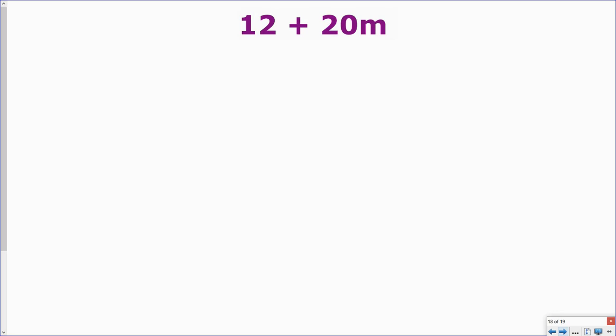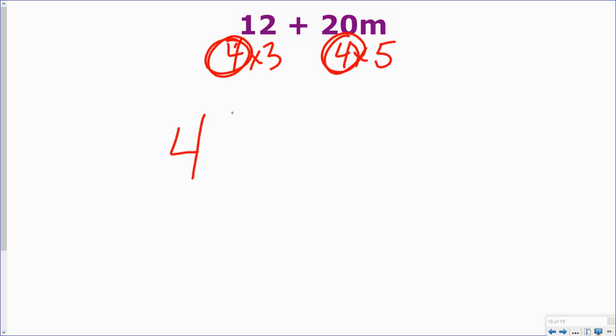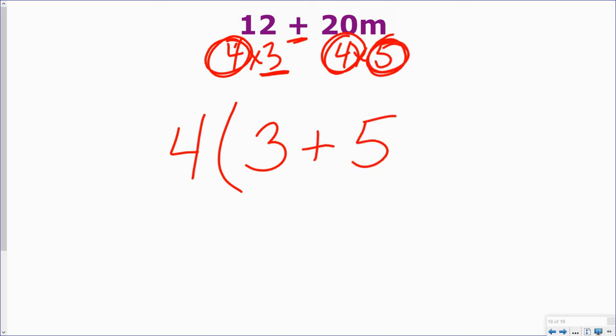Here I have 12 and 20. Well, I know that 4 multiplied by 3 is 12. I know that 4 multiplied by 5 is 20. So my greatest common factor is 4. So again, I put my 4 here, parentheses. 4 times 3 gives me 12. It's addition, so I put plus. 4 times 5 gives me 20.